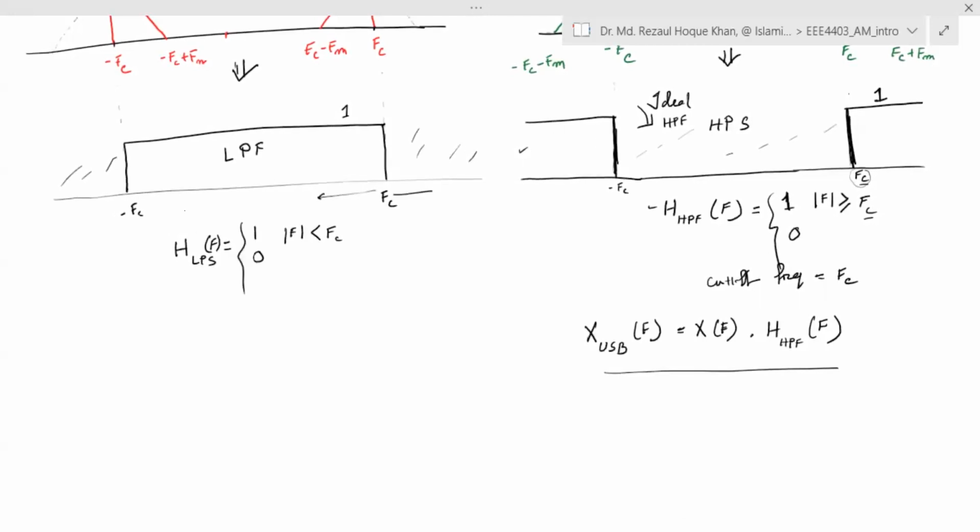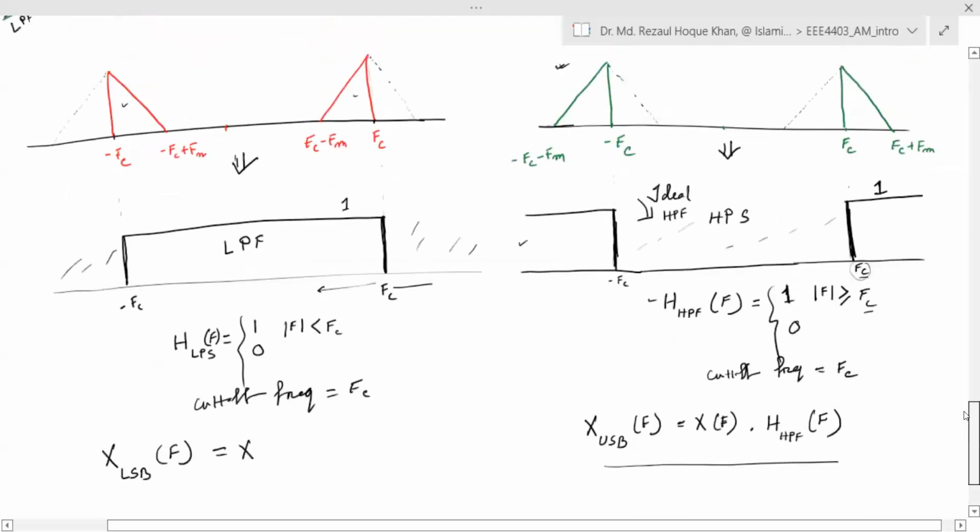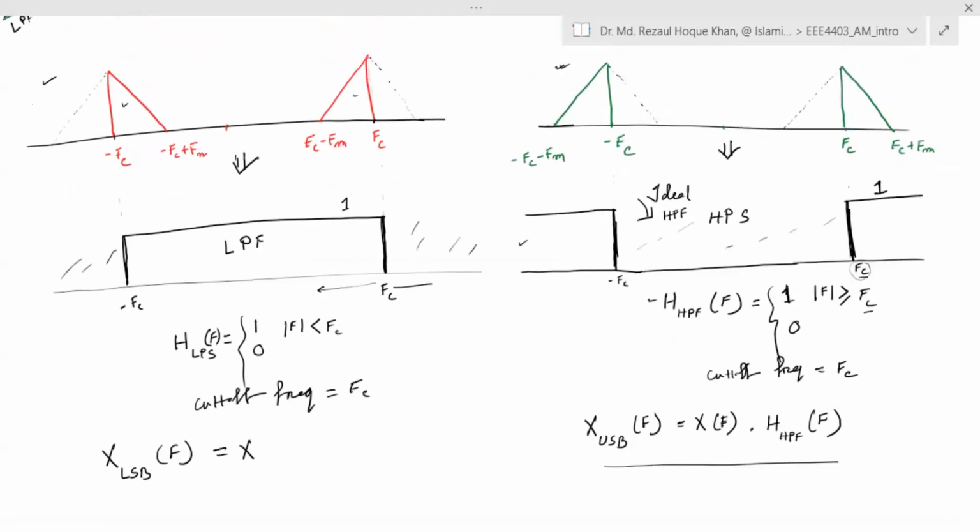Here also the cutoff frequency is FC, a sharp cutoff. So we can write the lower sideband of f as nothing but X of f multiplied by this one for the lower side.